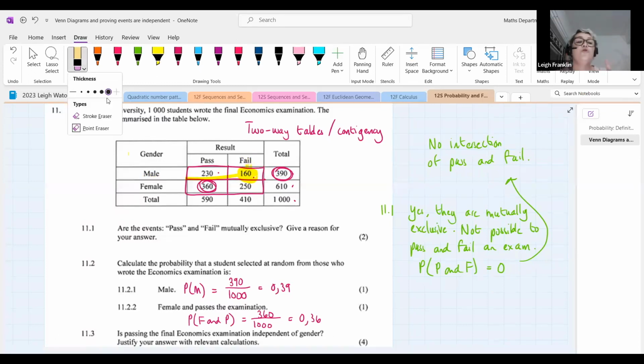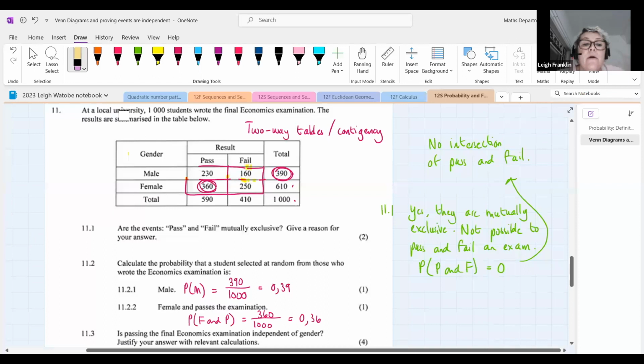No. 610 is the number of women. What they say here, a student selected at random, they mean from the total. They don't mean out of how many women, how many females passed.